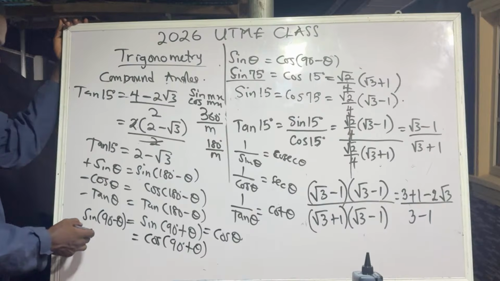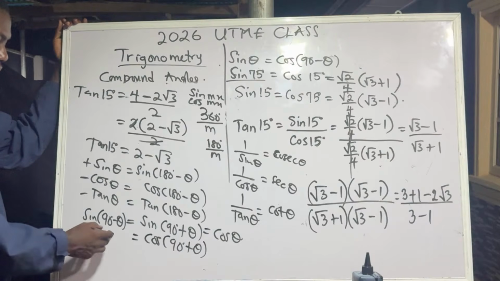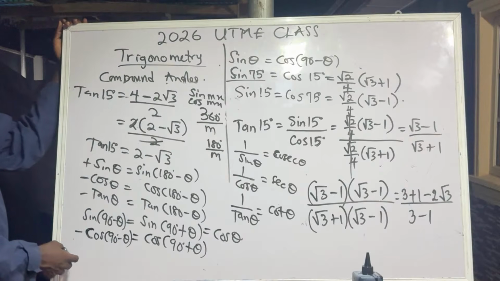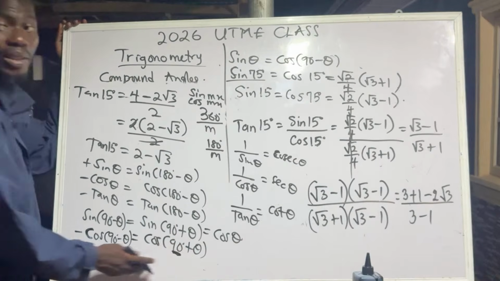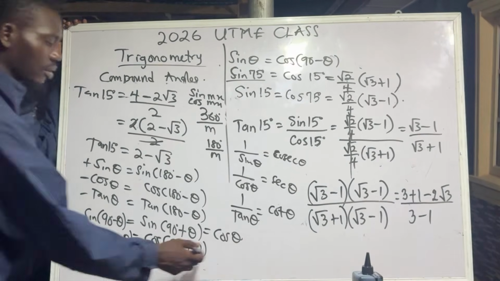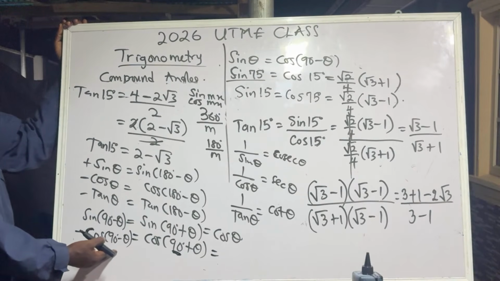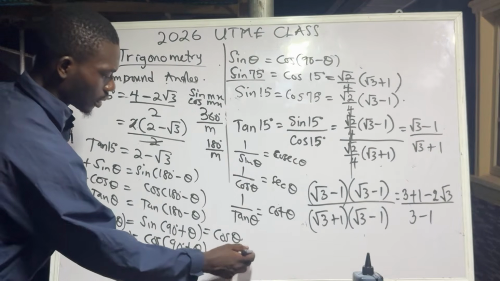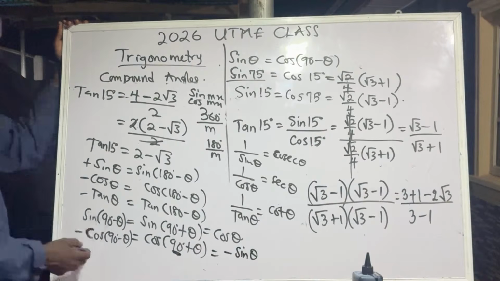Minus cos 90 minus theta. Do you get that now? It will be negative because it has already exceeded 90. It's no more in the first quadrant. And you know that cos of a complement is equal to sine of that angle. So that's minus sine theta. So whenever you see that, you should always be careful.